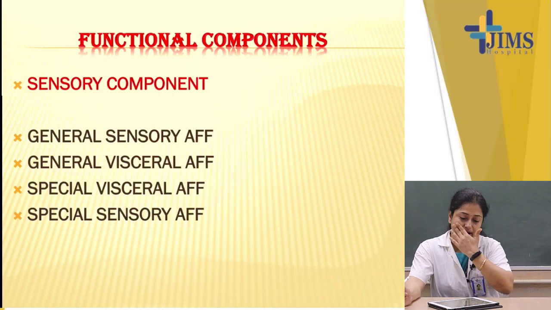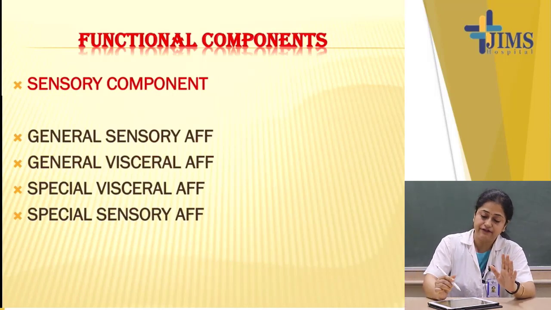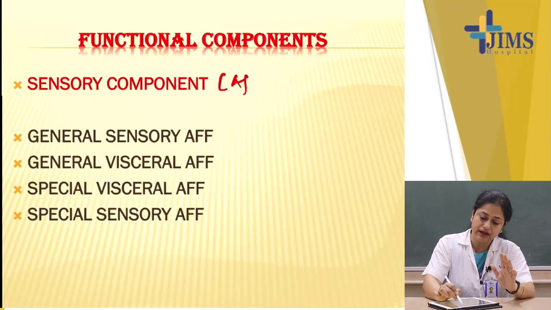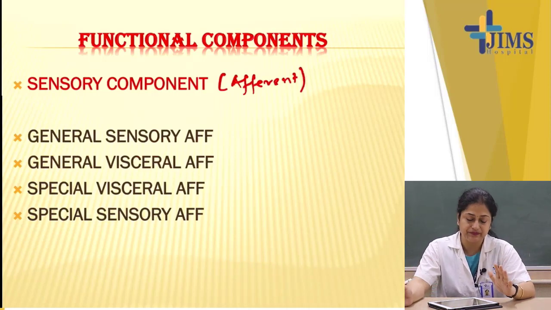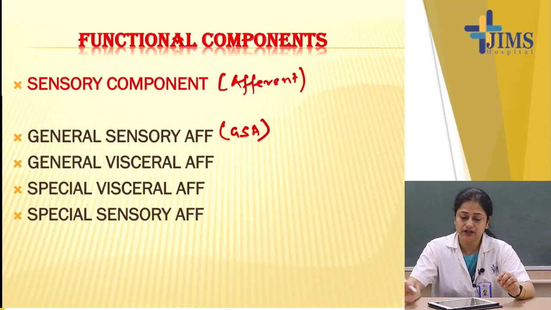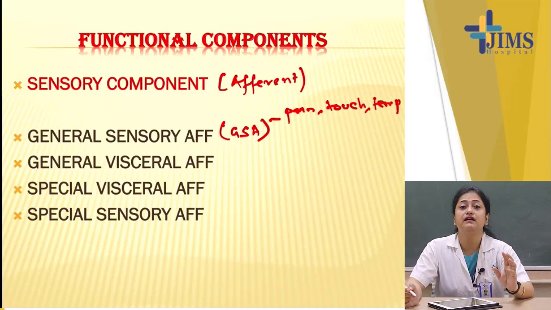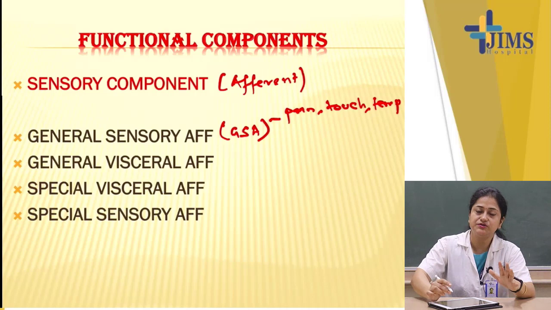Now coming to the next part, the functional component, the afferent fibers. Okay? Now these afferent fibers are mainly of 4 types. One is the general sensory afferent or GSA, which is mainly concerned with pain, touch, temperature sensation, and this is mainly carried by which nerves?